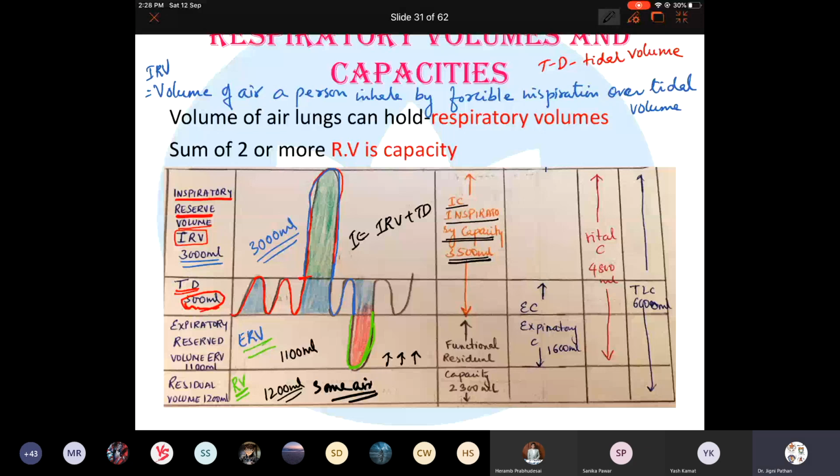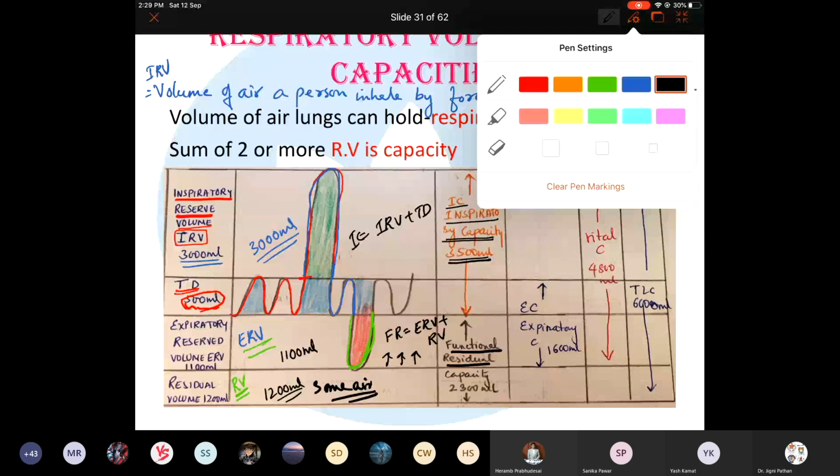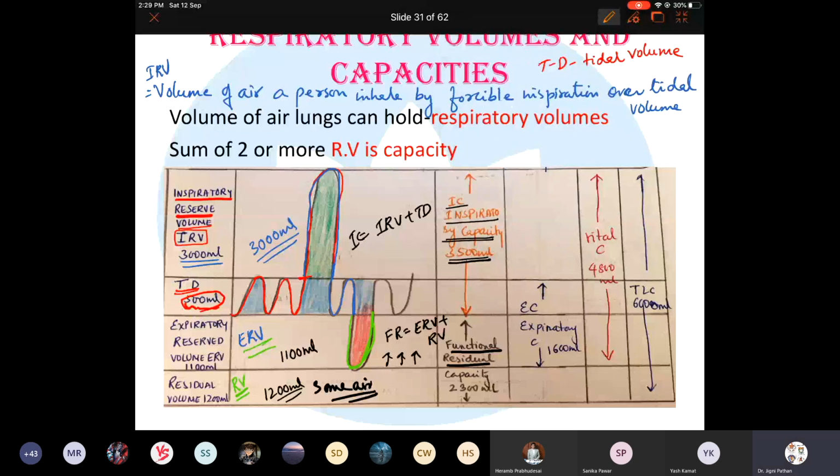Now, whatever is left becomes the functional residual capacity. Functional residual capacity is ERV plus RV. What is EC?